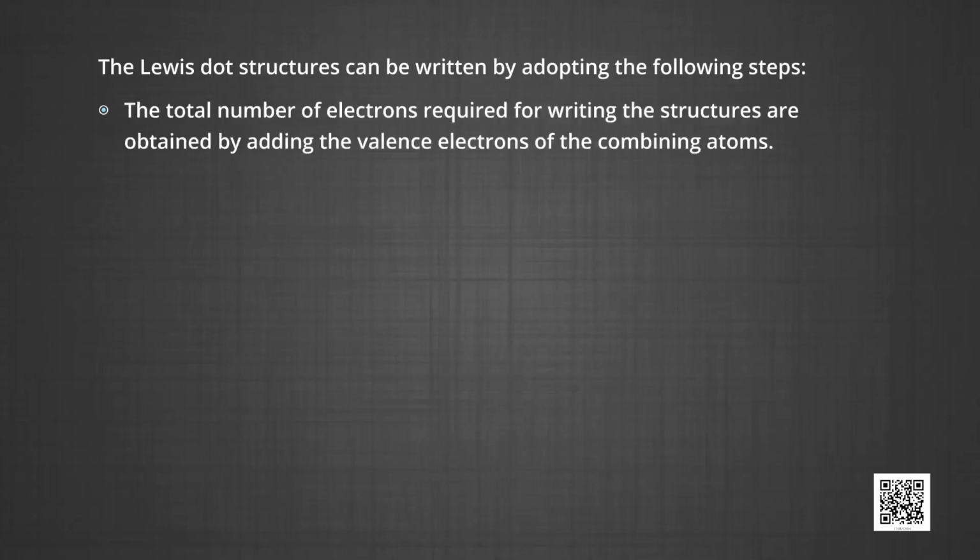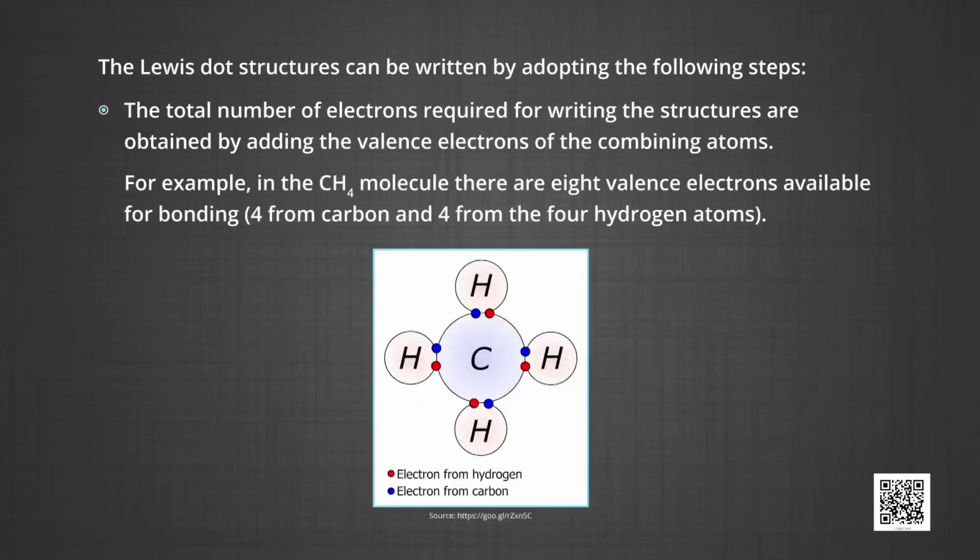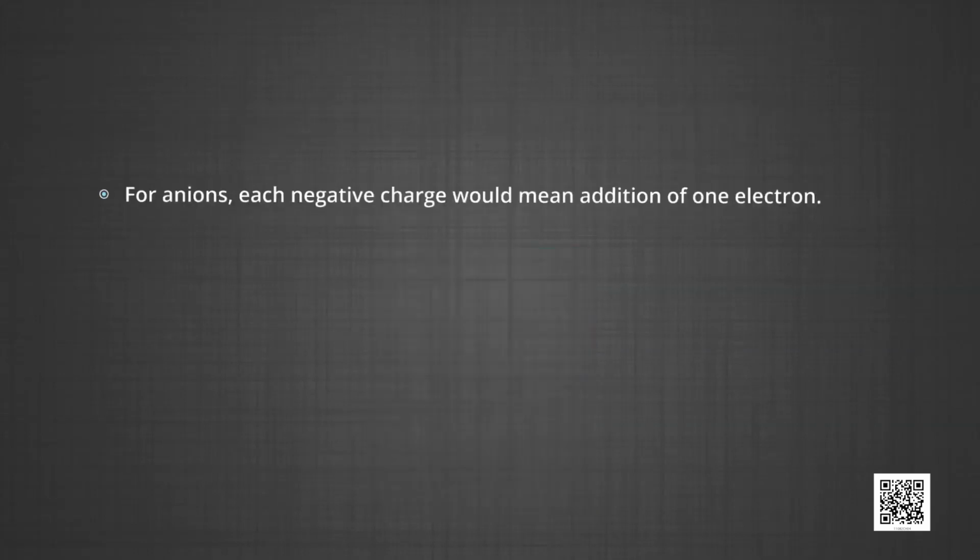The total number of electrons required for writing the structures is obtained by adding the valence electrons of the combining atoms. For example, in the methane molecule, there are 8 valence electrons available for bonding, 4 from the carbon and 4 from the 4 hydrogen atoms. For anions, each negative charge would mean addition of 1 electron.